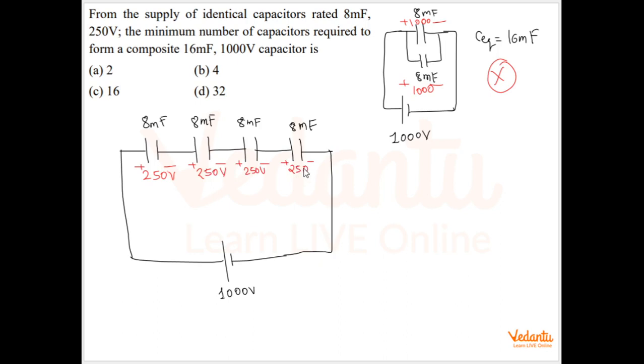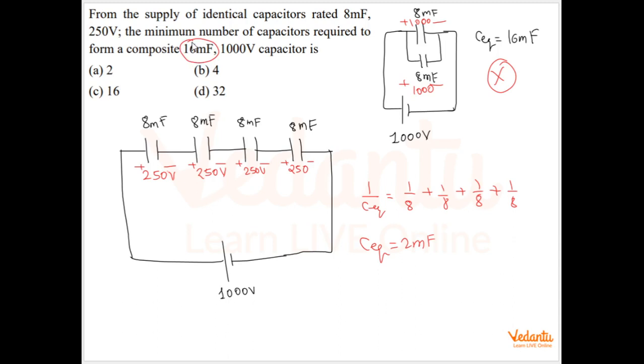Now in this case beta, the problem is that if you calculate the C equivalent, it will just be 1 by 8 plus 1 by 8 plus 1 by 8 plus 1 by 8. That will just be 2 millifarads. The thing is, we need a composite which has an equivalent capacitance of 16 millifarads.